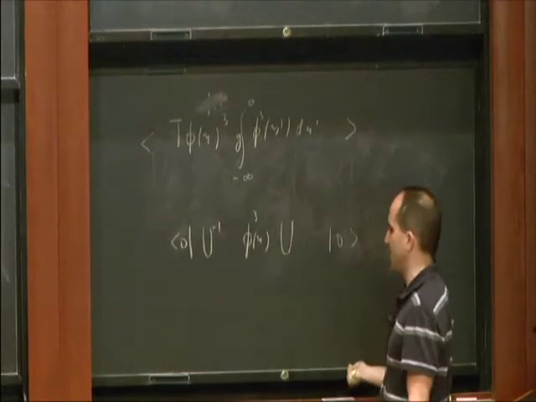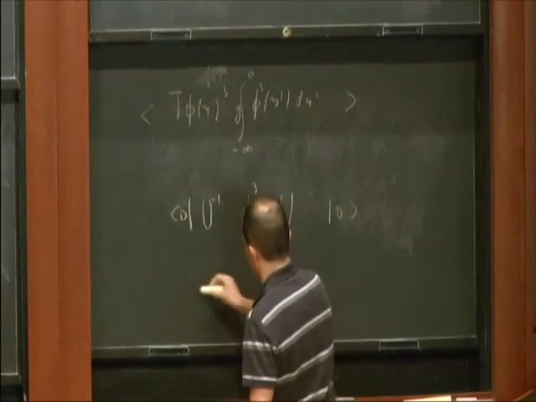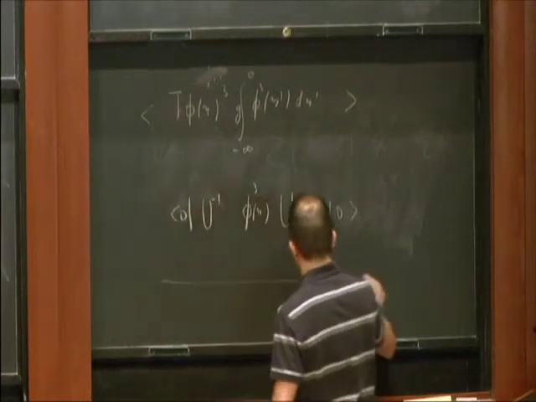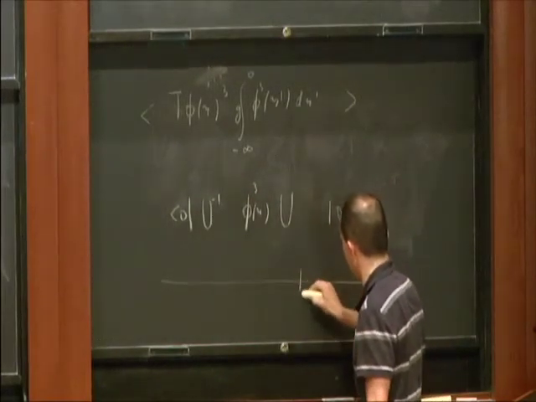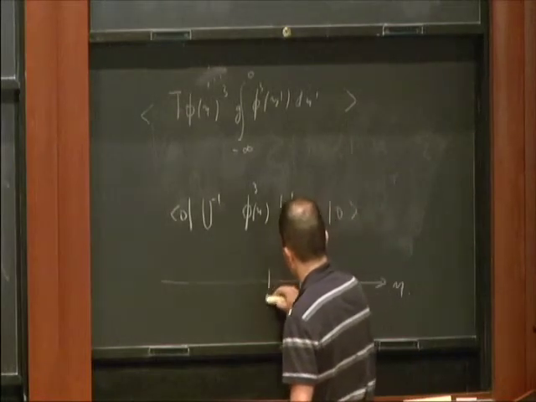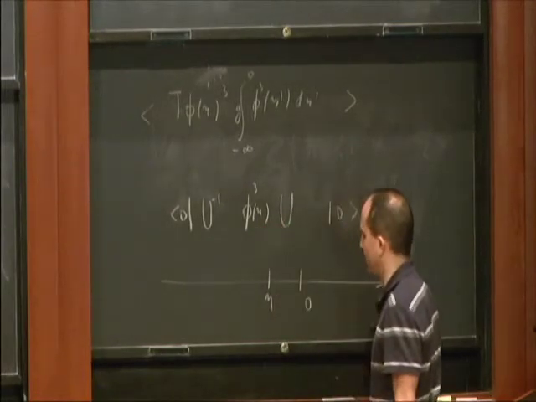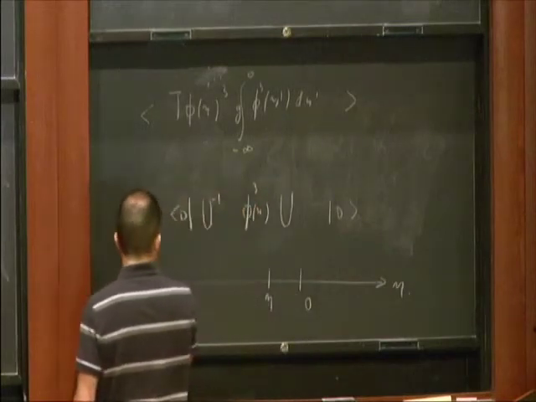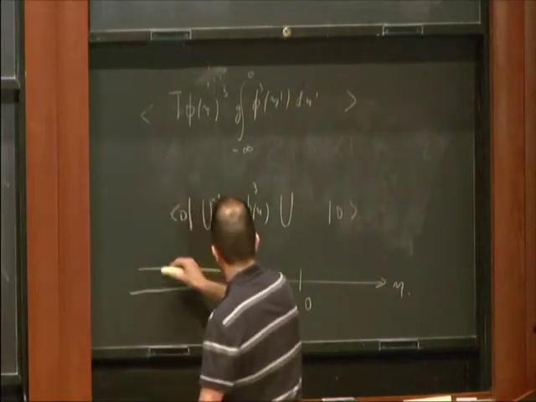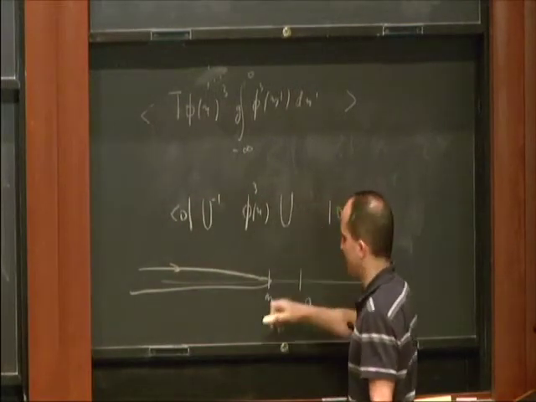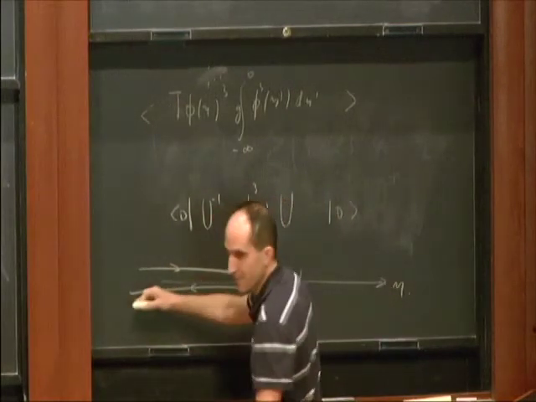back to early times. So this can be expressed graphically as saying we have the time direction, we have time equal to 0, let's say, we have the time eta where we want to evaluate the object, and then we come and integrate here on the left, and then we integrate back to the right.